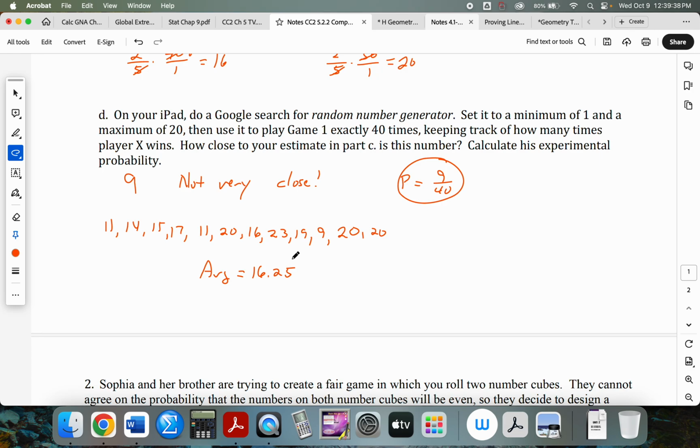But now we have done this almost 500 times between the 12 of us, right? 12 times 40 is 480. So we've played the game almost 500 times and we're getting really close to the expected value. If we played it 4,000 times, we would probably be extremely close to our expected value. That's one of the ideas of statistics.